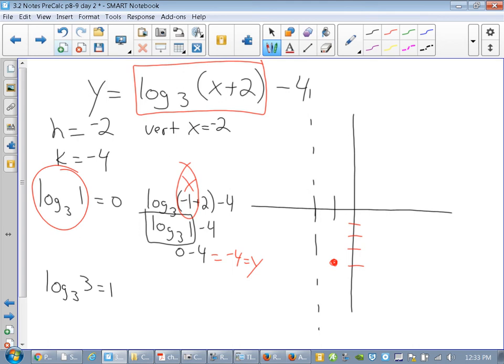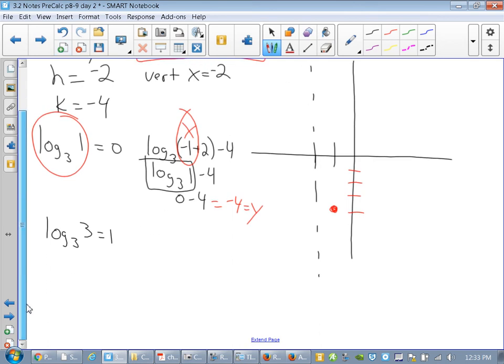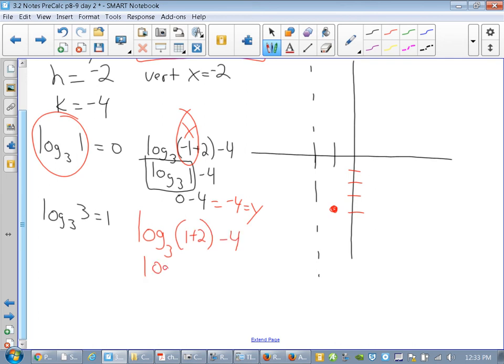I'm sure they do. Now I want to create the scenario of log base 3 of 3. What value of x gives me a 3 within my parentheses? A 1. So I know now if I choose log base 3 of 1 plus 2, subtract 4, I get log base 3 of 3, which allows me to simplify that log out of there.